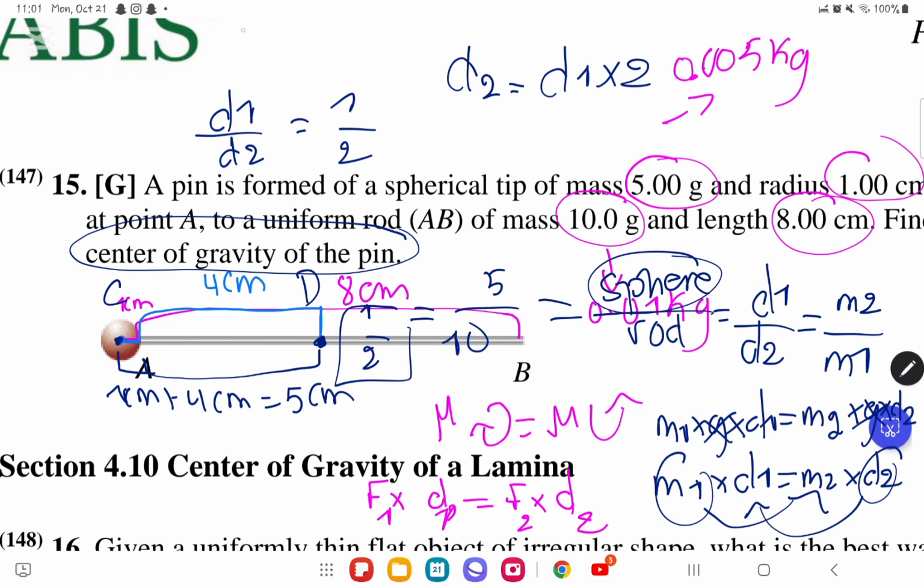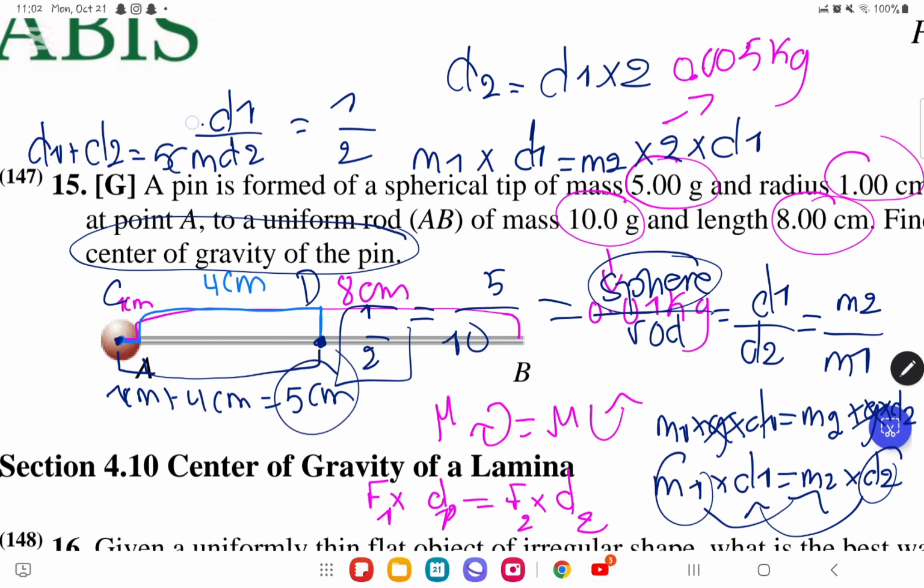So if we are going to rewrite the equation, it's going to be mass 1 times distance 1 is equal to mass 2 times 2 times distance 1. Another thing is that we know distance 1 plus distance 2 is equal to what? 5 centimeters. Isn't that true?